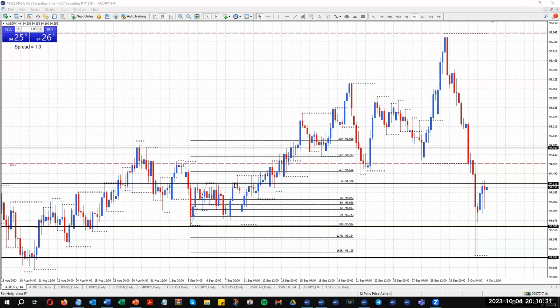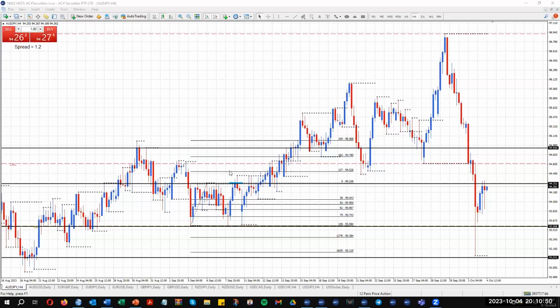Now we do false break the top here, but if we're getting out of our trade at the top of the range, wouldn't we think about trading back down to the bottom of the range? So there's then another opportunity to once more sell up here, and then you put your stop at the 127 level.